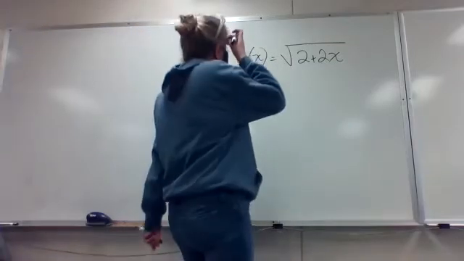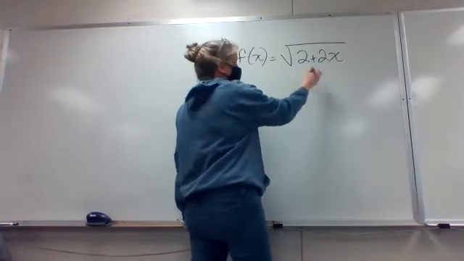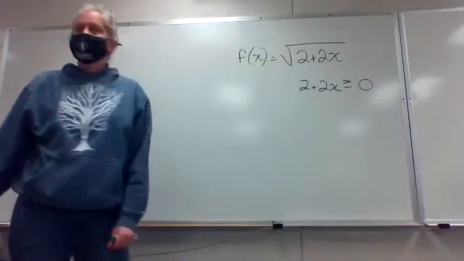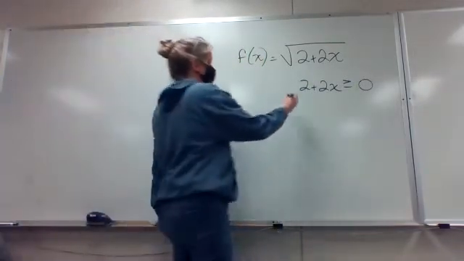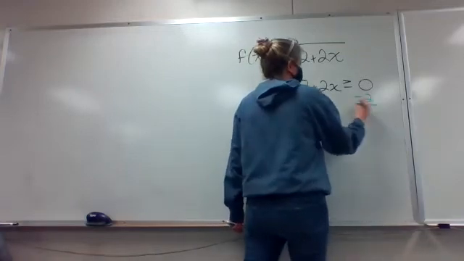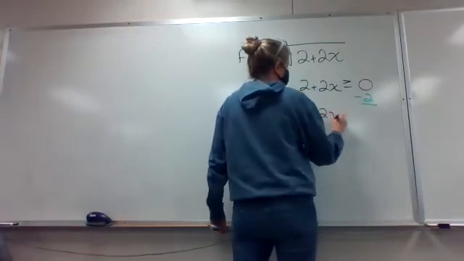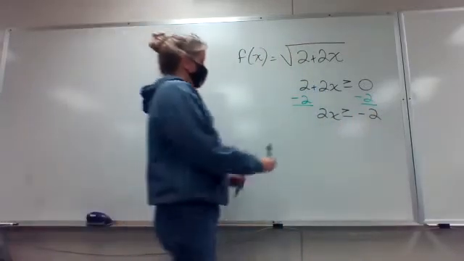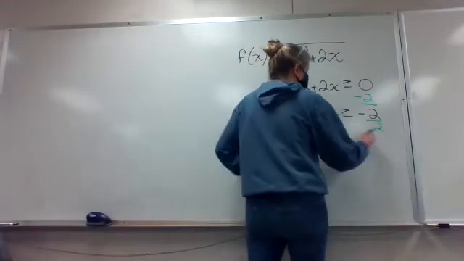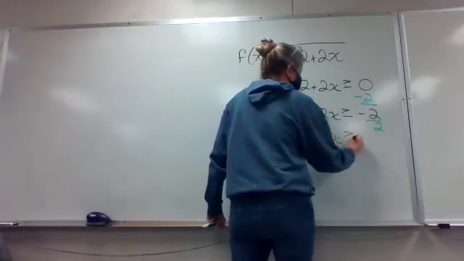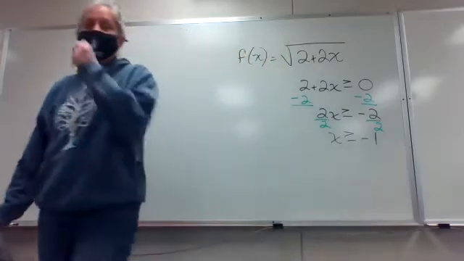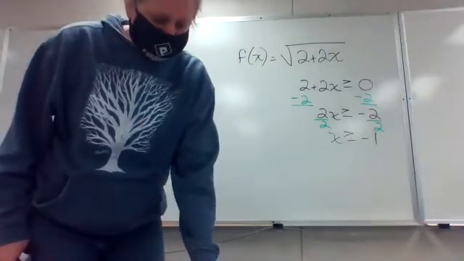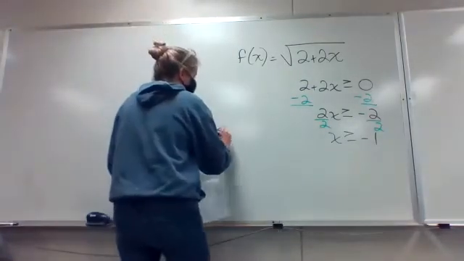Let's see what our domain is. 2 plus 2x needs to be greater than or equal to 0, so that it's positive. Solving for x, I would subtract the 2's. So 2x is greater than or equal to negative 2. Divide by 2. So x is greater than or equal to negative 1. So this is where this square root is going to start, at negative 1. Okay, you'll be able to find that.